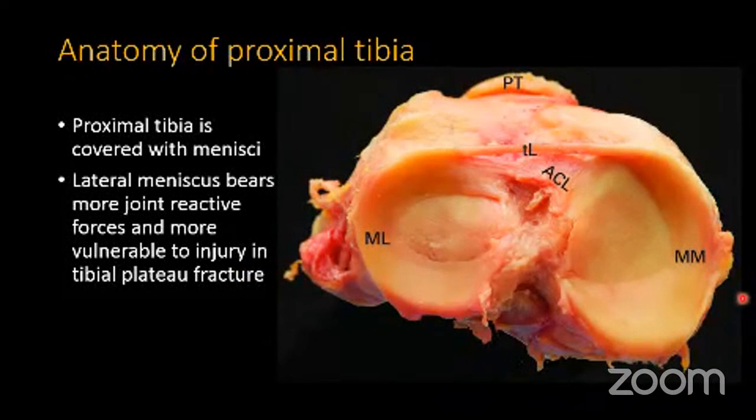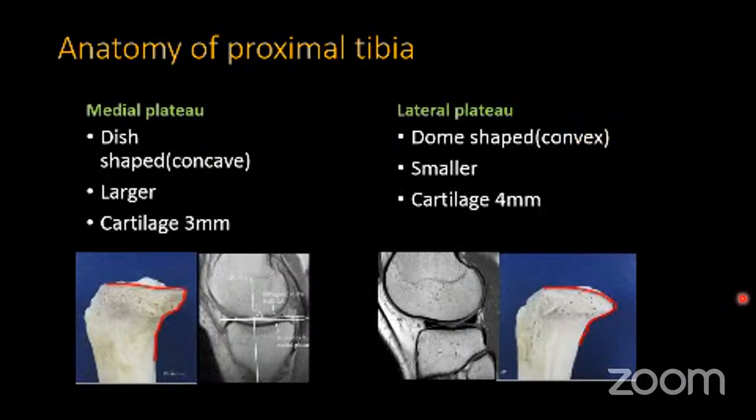So the proximal tibia is covered with meniscus, and the meniscus is mobile, so it is more joint reactive. The upper end of the tibia is dome shaped, because when there is an impact, the impact is borne by the lateral meniscus first and then by the tibial condyle. So whenever we see a comminuted fracture, there is every chance that the lateral meniscus is injured.